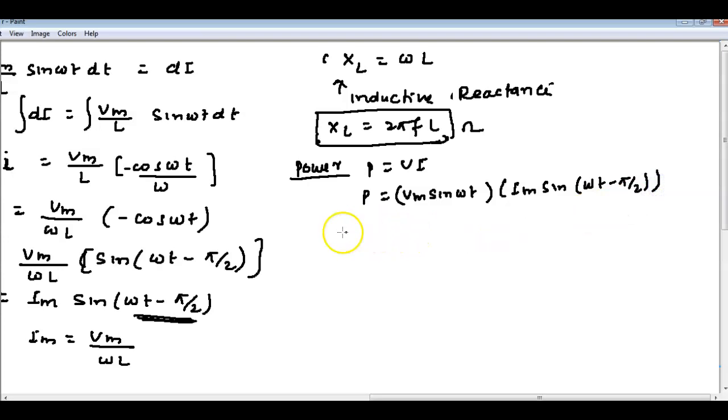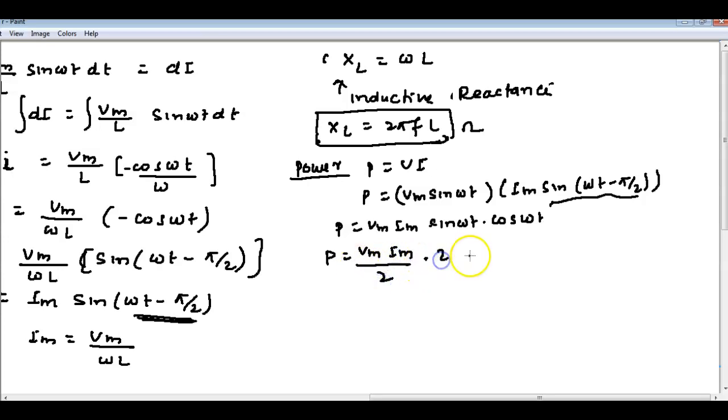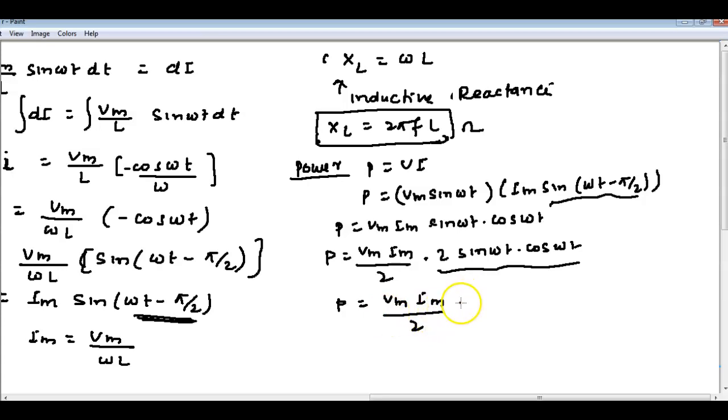So P is equal to Vm Im sine of omega t into cos of omega t, because this was actually cos only. Dividing and multiplying by 2, sine omega t cos omega t is sine of 2 omega t. So P is equal to Vm Im by 2 sine 2 omega t.